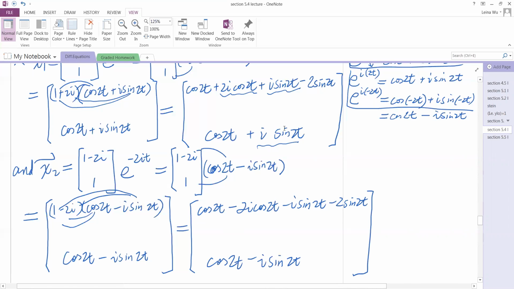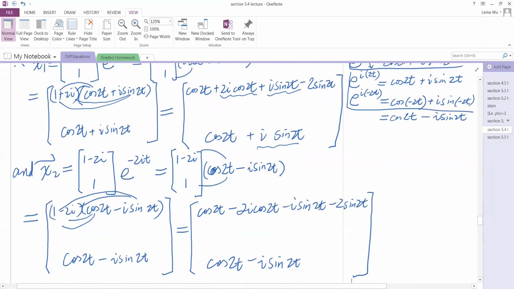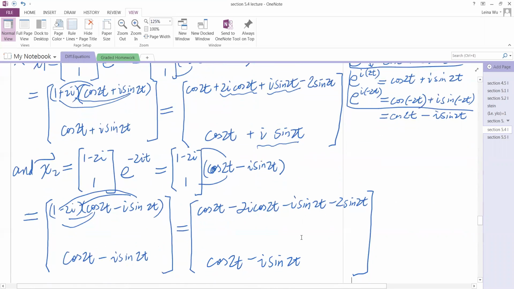Folks, if we observe x1 and x2, what do you see here? Only the i's change sign. Otherwise, the rest of them are all the same. All the real parts are the same, and all the imaginary parts are the same except for being conjugated.